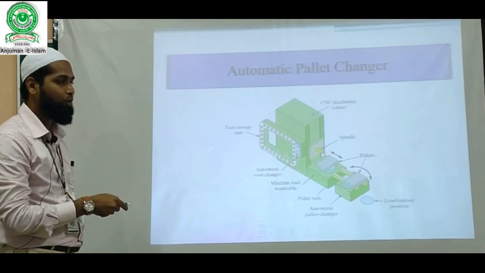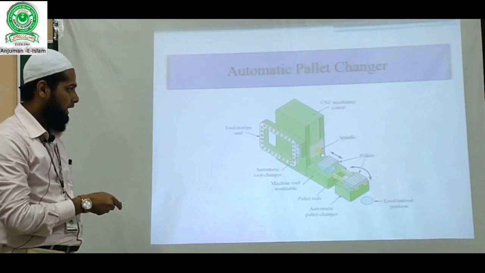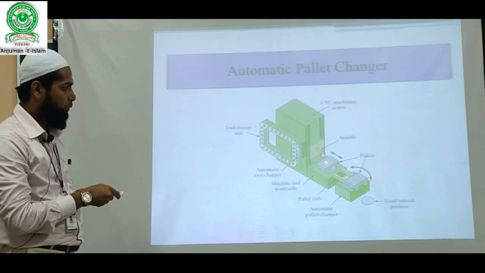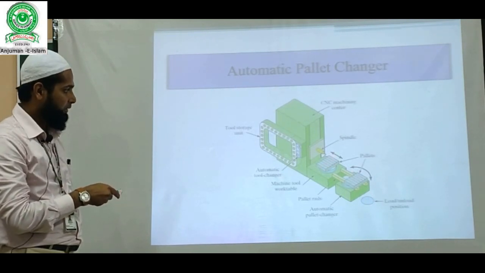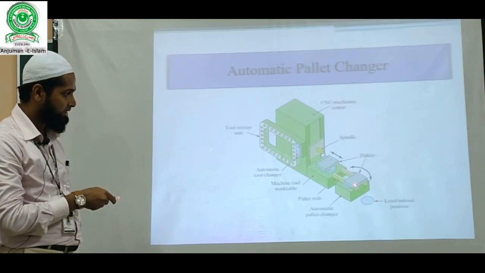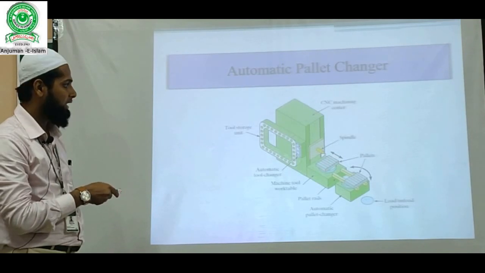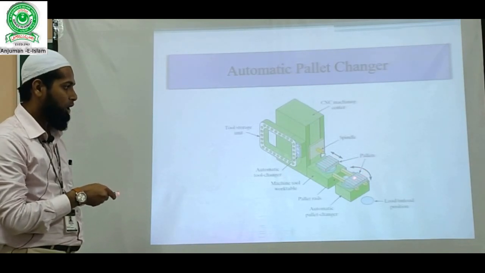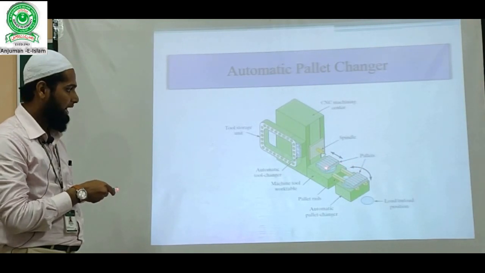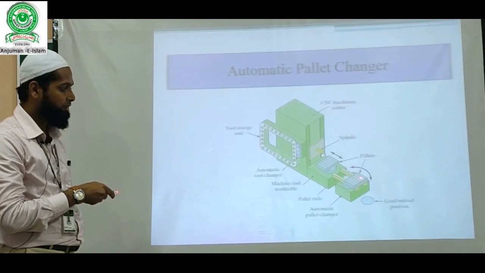First we put the workpiece on this location, then we put a new workpiece in this free zone. After machining is completed, this pellet changer will transfer the new job into the working zone and the finished product into the free zone, then lift out.